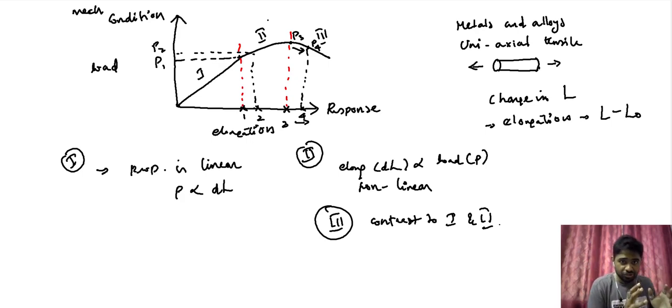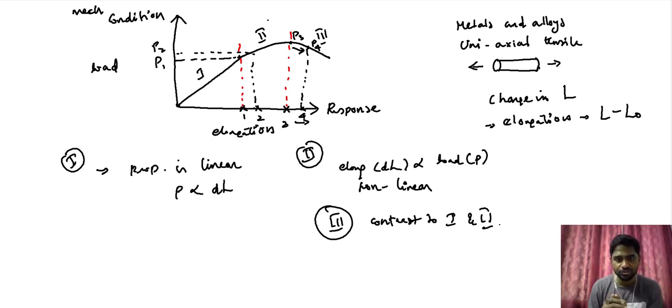In the first section, you have a linear relationship between the load and the elongation. And in the second section, there is a proportionality, but it is a non-linear relation between the load and the elongation. Again, not purely in the mathematical sense, because there are mathematical descriptions wherein even the second section can be treated as linear, but we are just talking in terms of our visual intuition, how we perceive these sections.